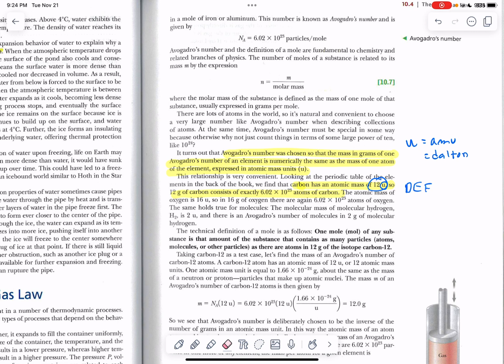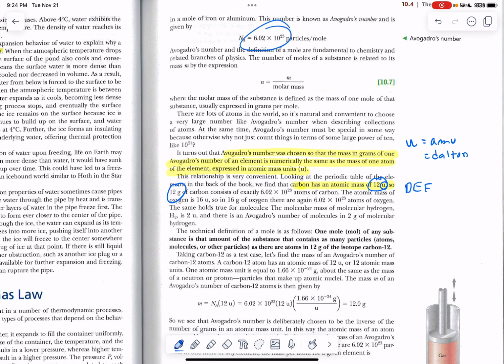Now, when you begin to say how many atoms of carbon does it take to have a mass of 12, and of course this is rounded off, we're only going to the ones place here. We actually know these atomic masses to many more significant digits than this. But 12 grams of carbon would have Avogadro's number of particles.